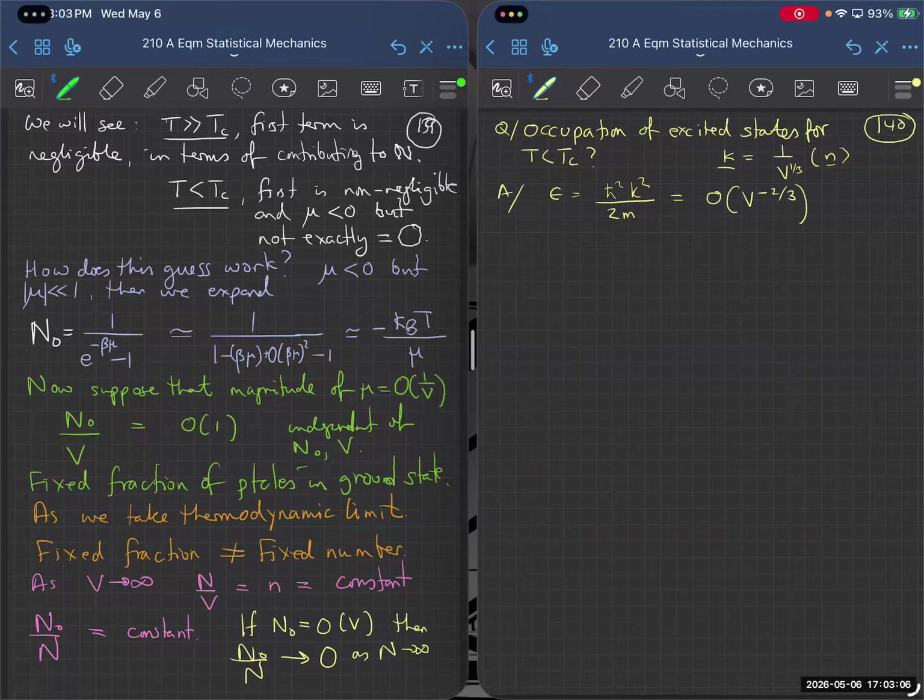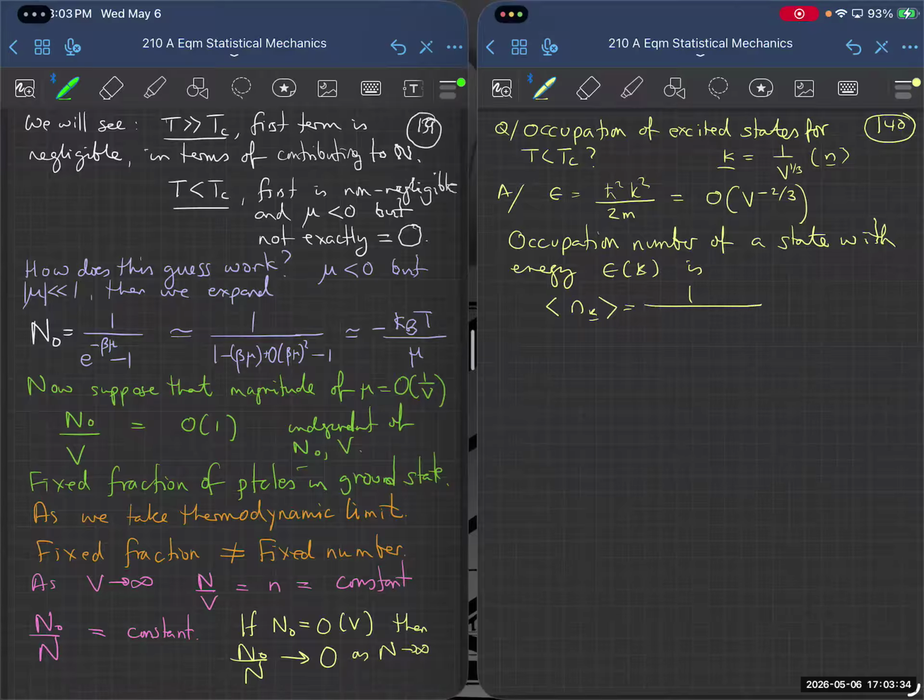And so what that means is then the occupation number of a state with energy epsilon of k is the expectation value of n_k, equal to 1 over e to the beta times epsilon of k minus mu, minus 1.